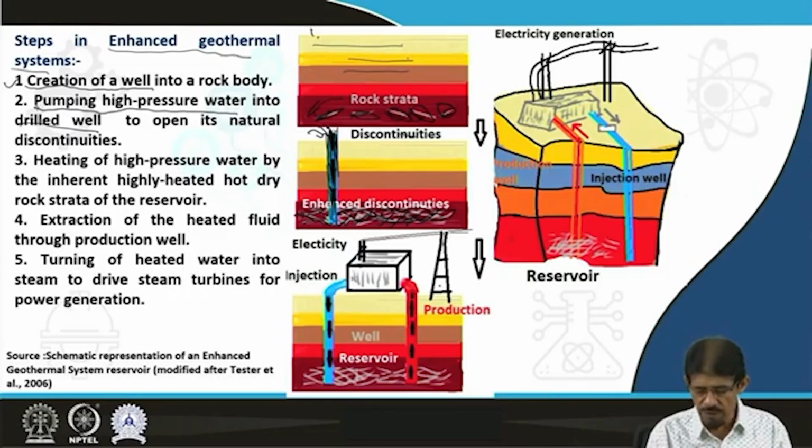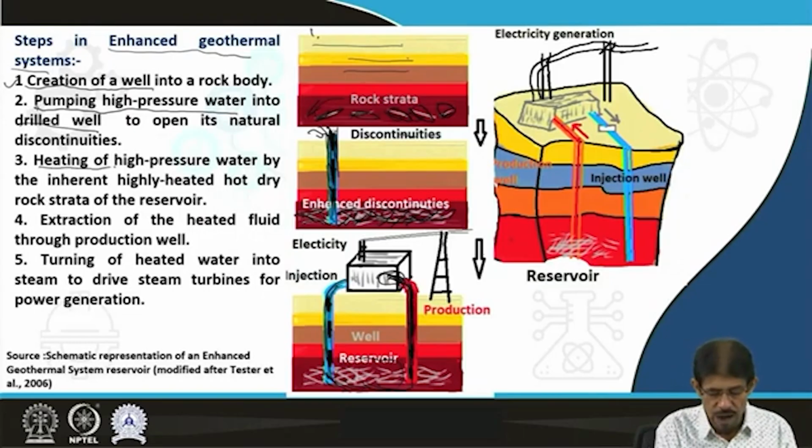In such a situation, the continuous injection of water comes in contact with the heat source, and this heated water is recovered from another well or drill hole and utilized in the system.